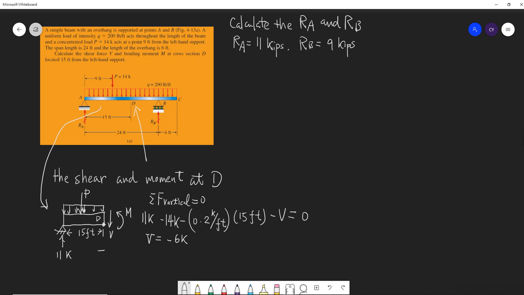And the second is the summation of moment at D, which should be equal to 0.